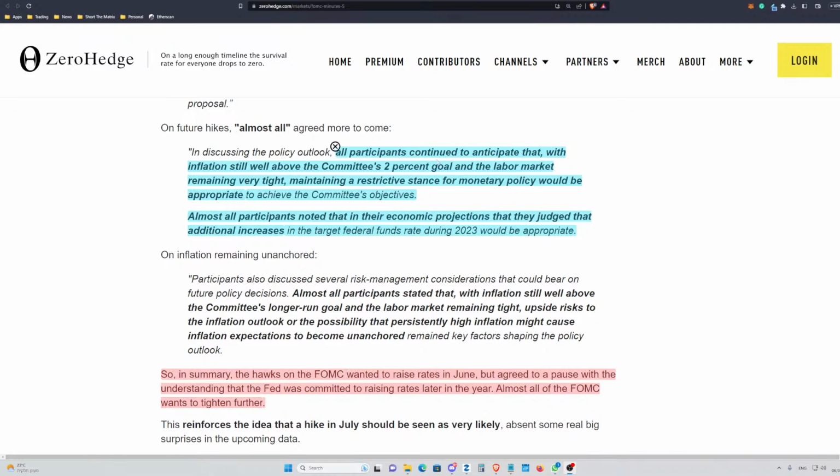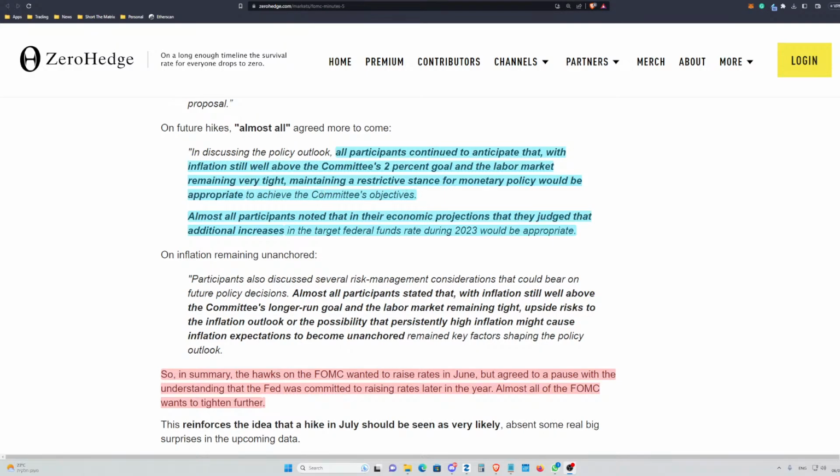All participants continued to anticipate that with inflation still well above the committee's 2% goal and the labor market remaining very tight, maintaining a restrictive stance for monetary policy would be appropriate to achieve the committee's objectives. Okay, so here they tell us that they still have that goal to get the inflation to the 2% mark, but that the labor market is also very tight. Meaning the Fed has to turn more hawkish than right now.